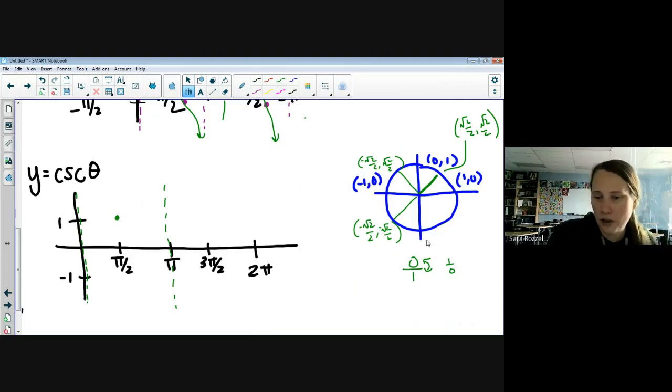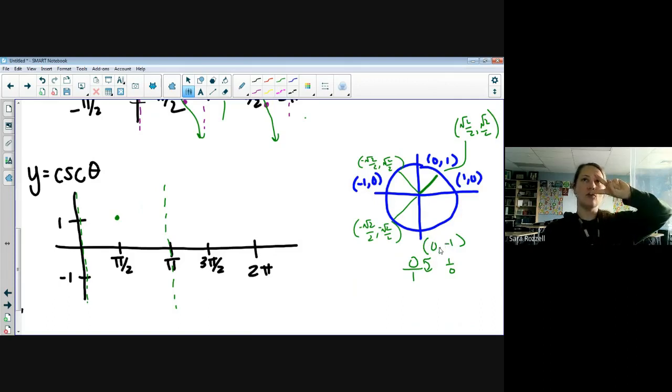3 pi over 2. Oh no, my number left. This was 0, -1. We've got -1 for the y. -1 over 1. When you flip it over, you still get -1, right? Okay, so at 3 pi over 2, I'm at -1. Back to 2 pi, I will have an asymptote.